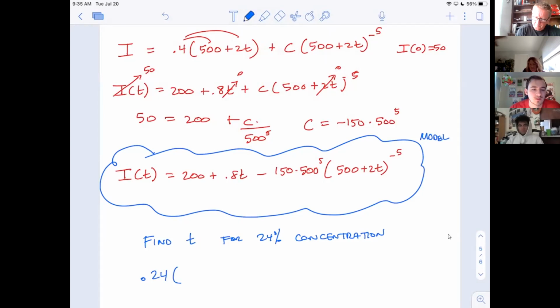Are we still doing 500 plus 2T? Yeah, it's 500 plus 2T. What is that equal to? It's equal to our I.